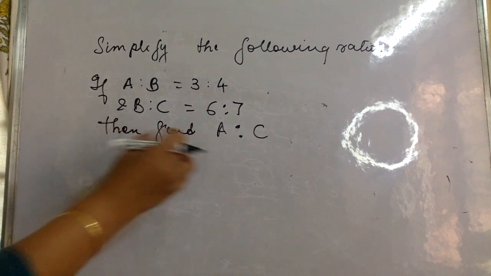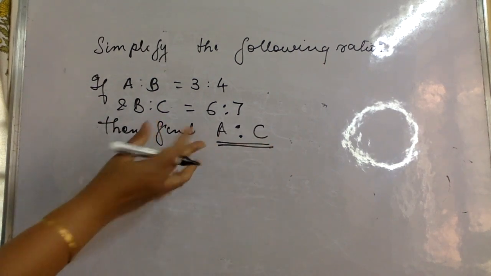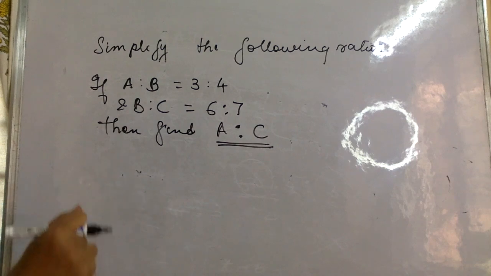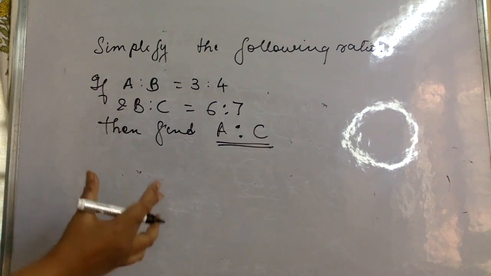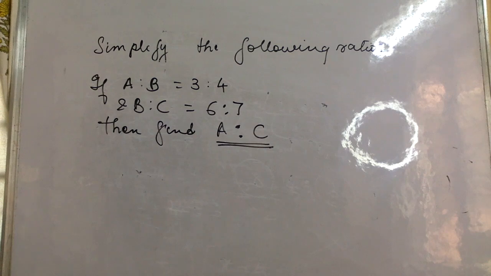Now the thing is, if you note, in what they are wanting here, B is missing. Okay, so we'll have to find it in a way that we can eliminate B in the process.